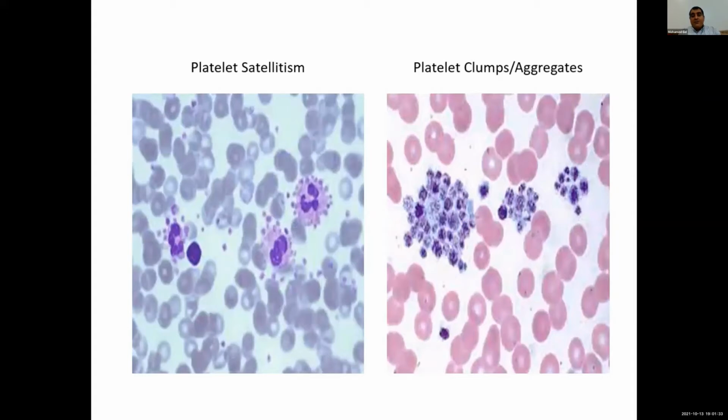The cause could be pre-analytical, due to improper mixing of the sample, or another cause like EDTA-induced thrombocytopenia, due to a reaction of the patient specimen to the EDTA when used as anticoagulant. On the left side, we see platelet satellitism, where the platelets surround the neutrophil and are not counted as platelets, and these two conditions produce pseudo-thrombocytopenia.